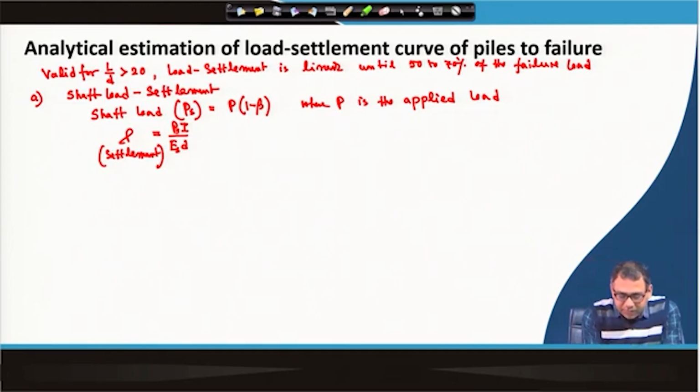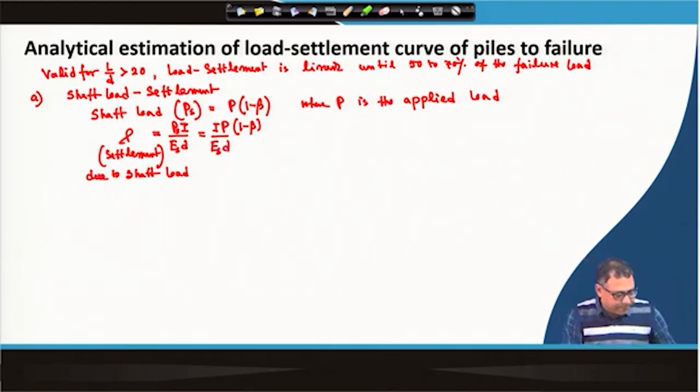So, that will be the settlement due to shaft load, Ps equal to P(1 minus beta) into I by E_s D. Now, how can we calculate the I?